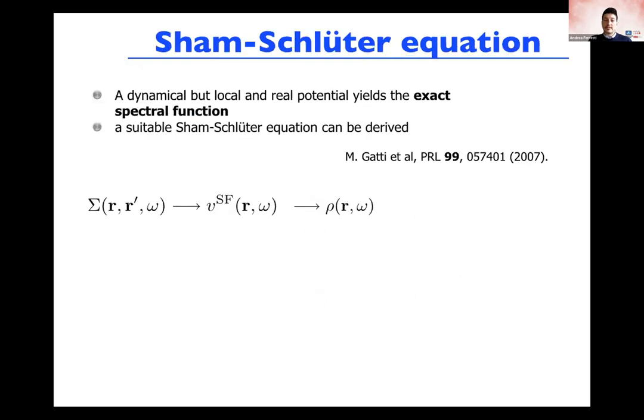Then in a later work, Matteo Gatti and co-workers also showed that if you are interested in the local and dynamical spectral function, the many-body formulation of the local density of states, somehow you don't need the whole information present in the self-energy that would give you the exact Green's function and all the plethora of information that is cast into the Green's function.